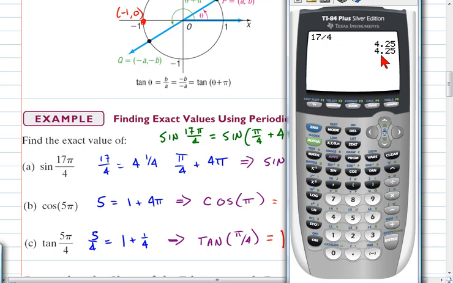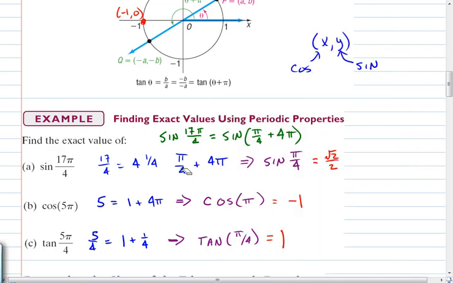So this is 4 1/4, right? If you don't know what the fraction part is, take that, subtract off the whole part, and you're left with the decimal. Change that to a fraction by hitting math enter, and that gives me the 4 1/4. We said then that the 1/4 plus the 4 is going to be the same thing as sine of pi over 4 plus 4 pi.